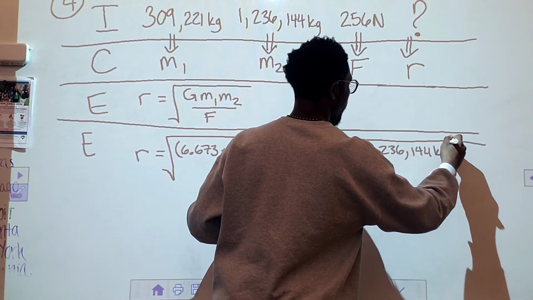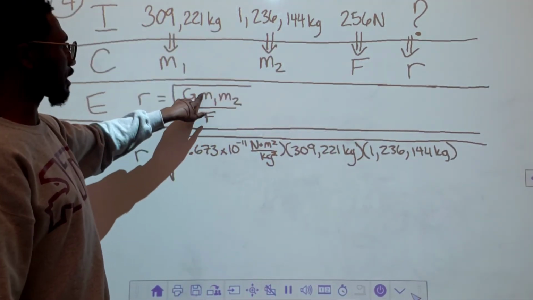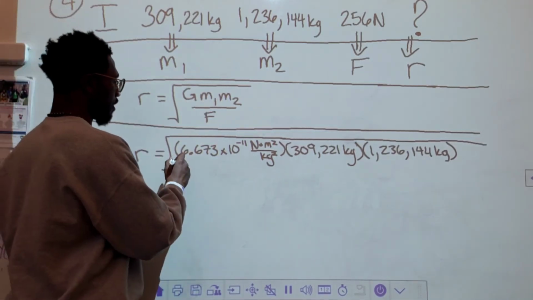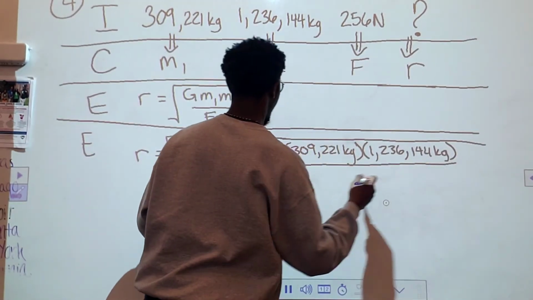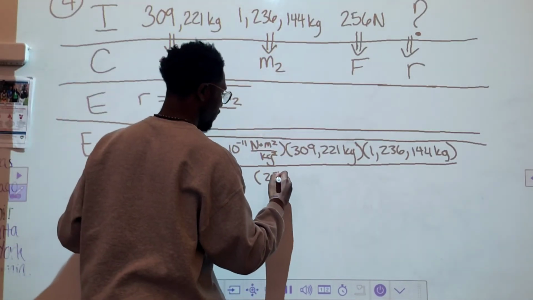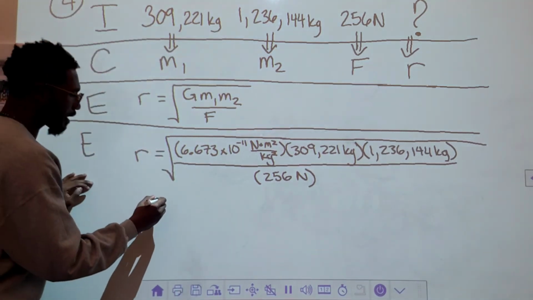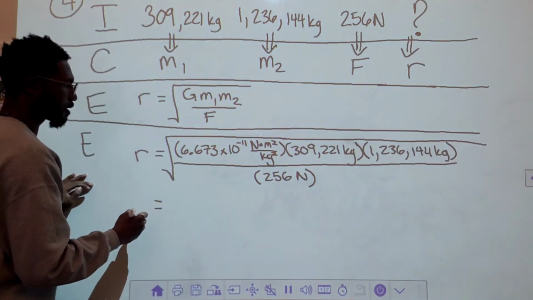Okay, all this stuff has been pre-labeled by us up here. We're just plugging it in to the spaces. Now we're going to do the division sign, and we're dividing by the force, which is 256 newtons. All right? So now we can go ahead and start solving this thing.